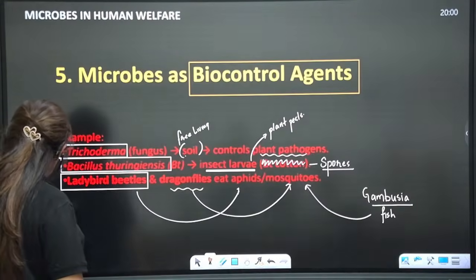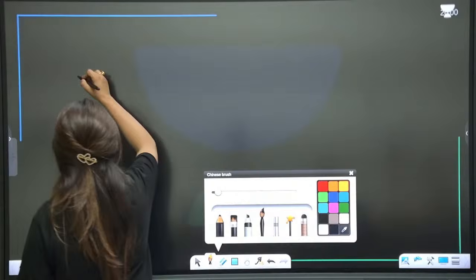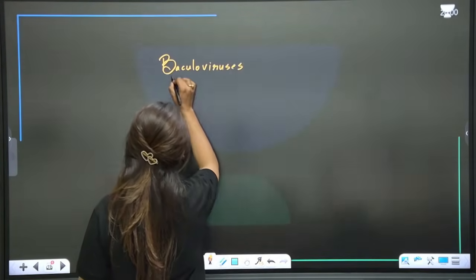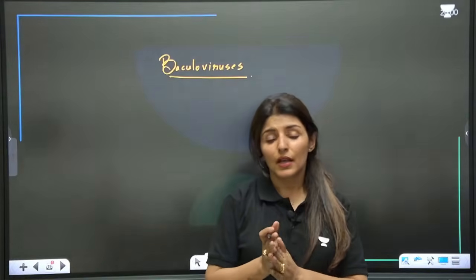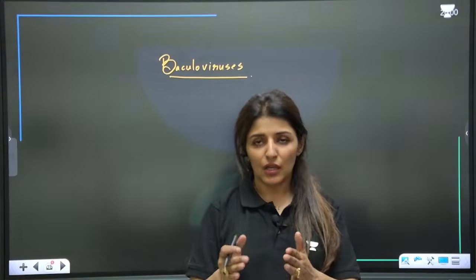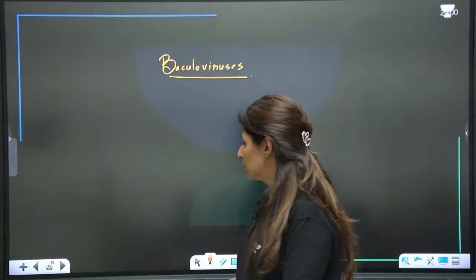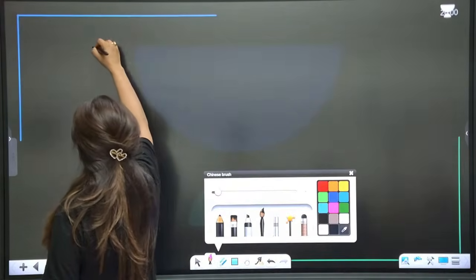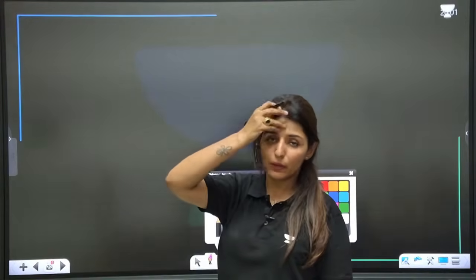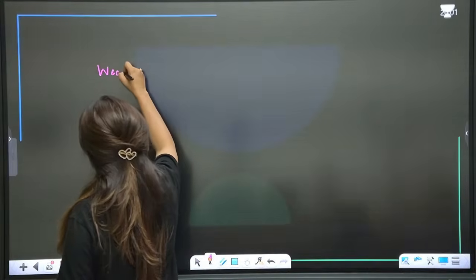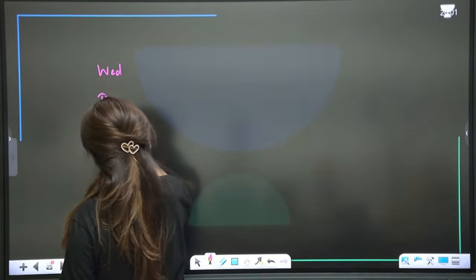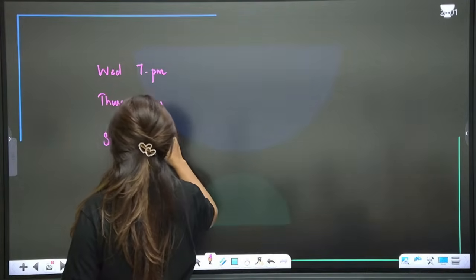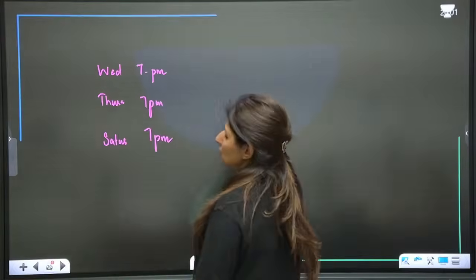Then one very important example we have here is baculoviruses. Also guys, after I complete these marathons, which will be done this week, I'll tell you very clearly the schedule. Today we are completing zoology except biotech. Then Wednesday, Thursday and Saturday, we'll have class from 7 p.m. onwards, and we are going to complete our botany.